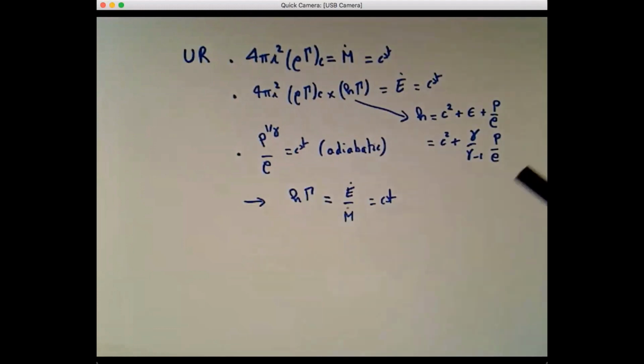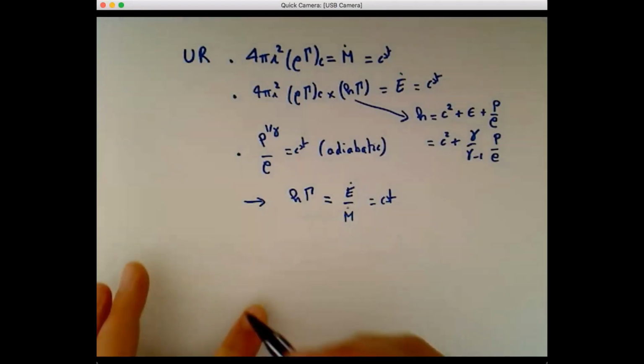So you see that in the enthalpy, there are 2 terms, the rest mass energy and the internal energy. Initially, when energy is released very close to the central engine, it is released in this purely hydrodynamical model as thermal energy, and the thermal energy is dominant compared to the rest mass energy.